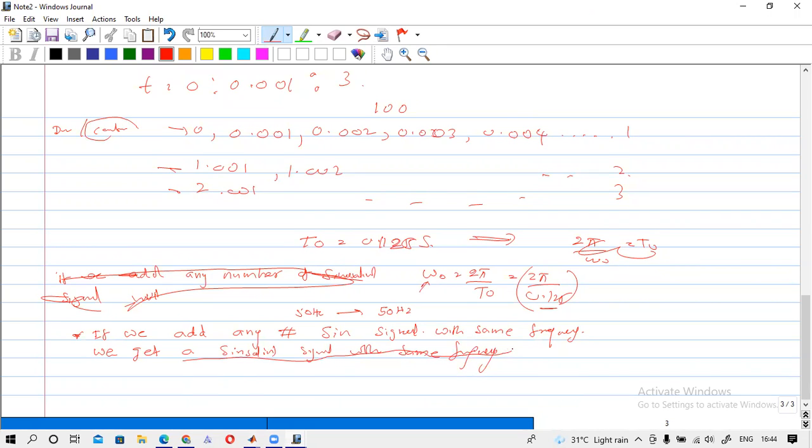We can't say the other parameters stay the same, but it is a sinusoidal signal with the same frequency, correct? So this is one thing you should understand. Did you understand this?